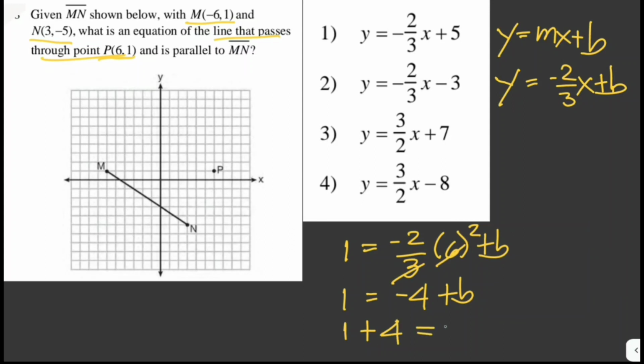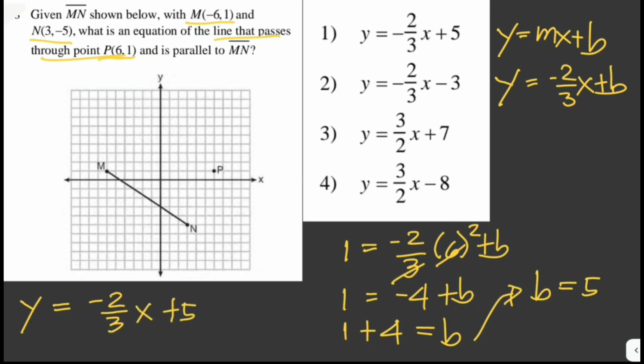This would be 1 plus 4 equals b. Therefore, b is just equal to 5. That is our y-intercept. And now we can write the equation of the second line. So this would be y equals -2/3 x plus 5. So the answer here is number 1.